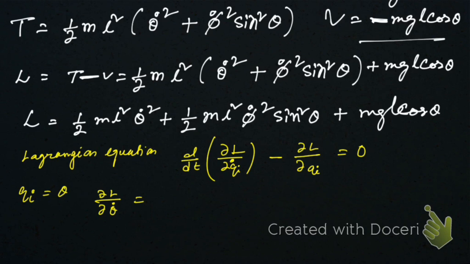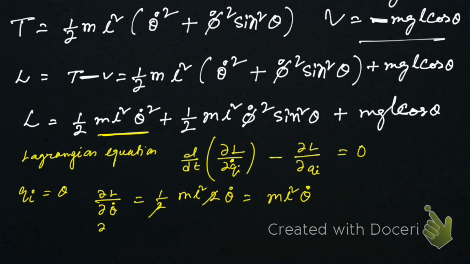Here you see only this term contains theta dot, that's why if you differentiate it you will get half m L square 2 theta dot, right? These two cancel, you will get m L square theta dot, and the remaining will be 0.